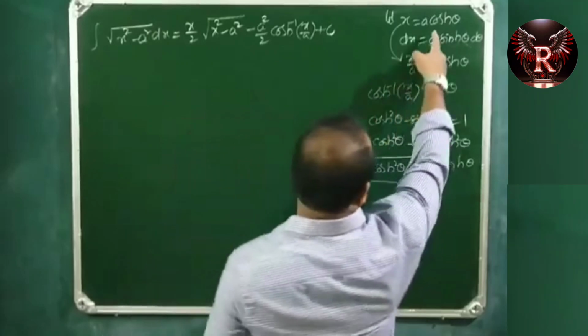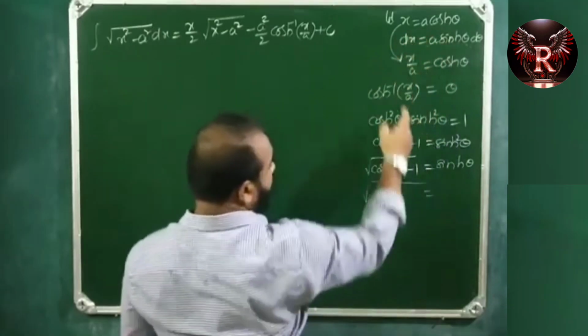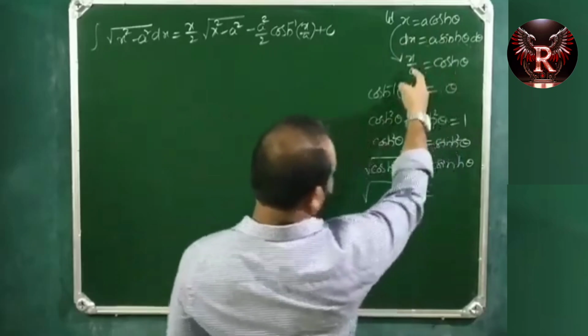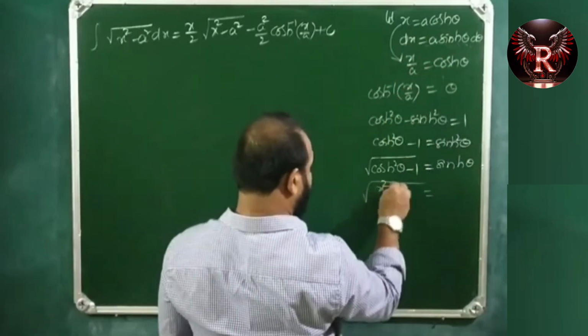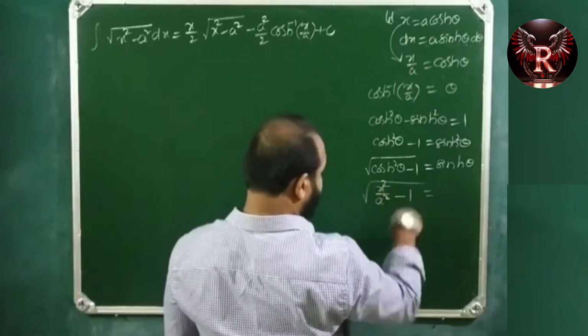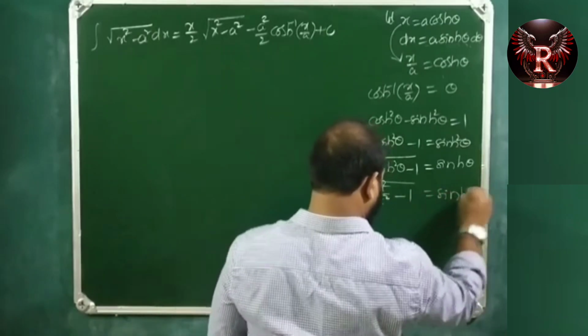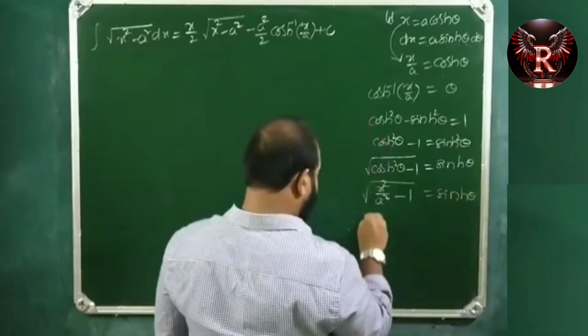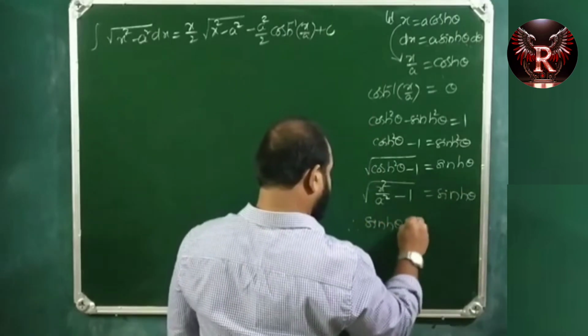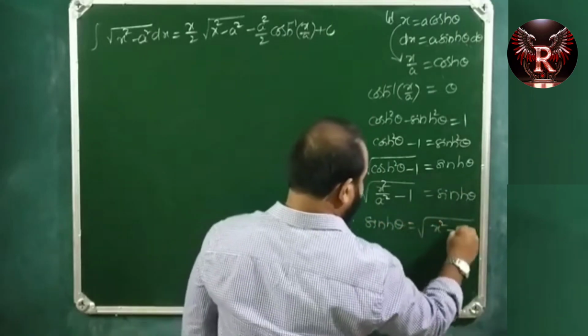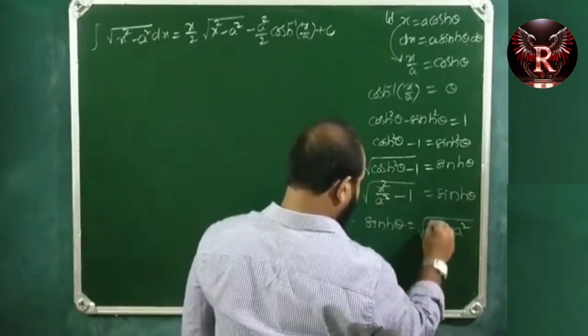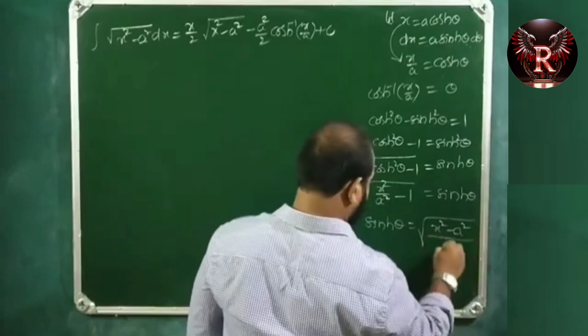What is cosh theta? x by a. x by a whole square is x square by a square minus 1. This is equal to sinh theta. Therefore, sinh theta is equal to square root of x square minus a square by a square.